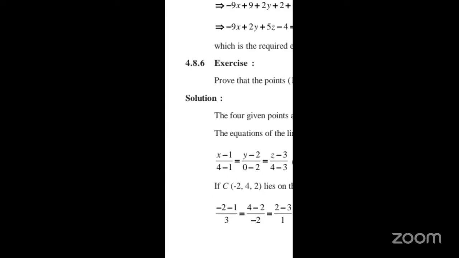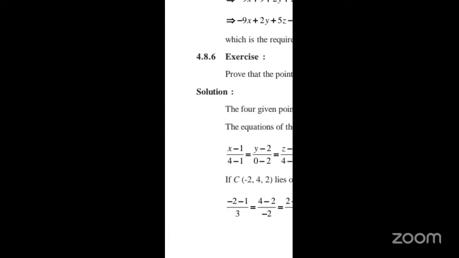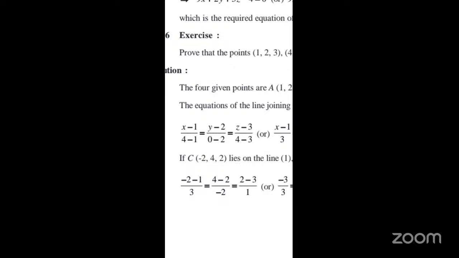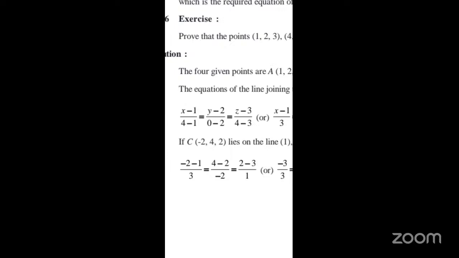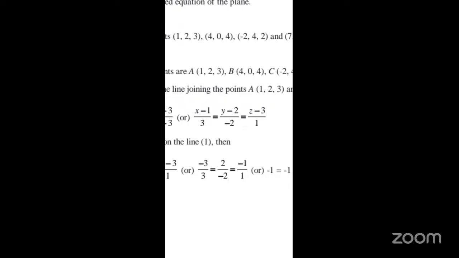First of all, you take the first 2 points. So the problem is 4.8.6: write the line joining the two points. For the first 2 points, AB, and the remaining 2 points, CD. The C point is substituted in the above expression, and we get the value 0. The same way, the remaining D point is substituted, and we get the same.